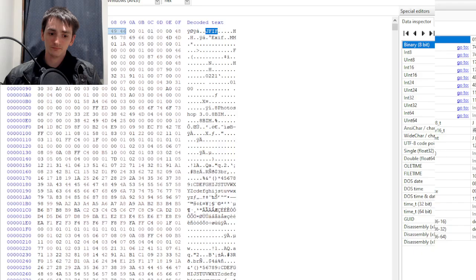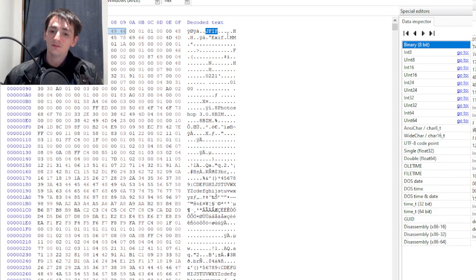If I bring up my HEX editor again, you can see this is pretty much ASCII because you can see no dots in between. You're going to see first letter, second letter, third letter, fourth letter.